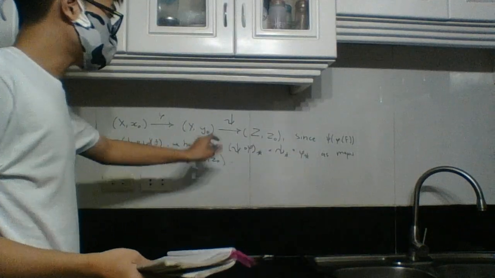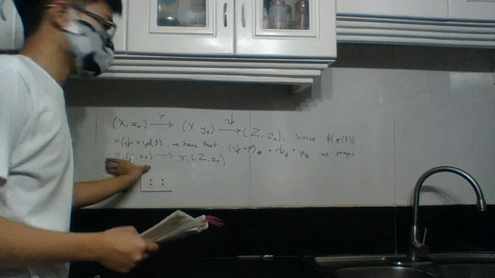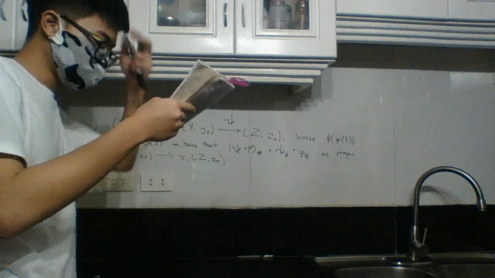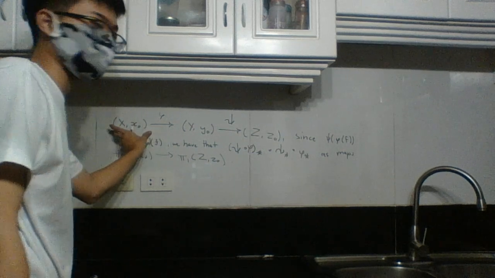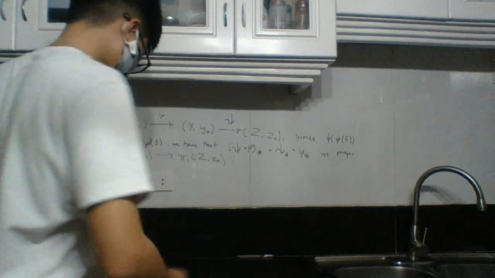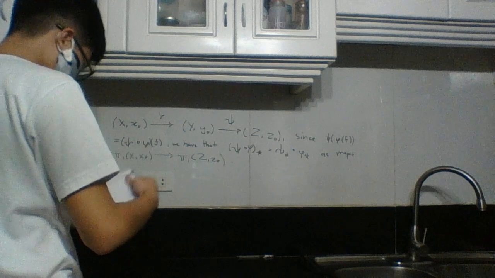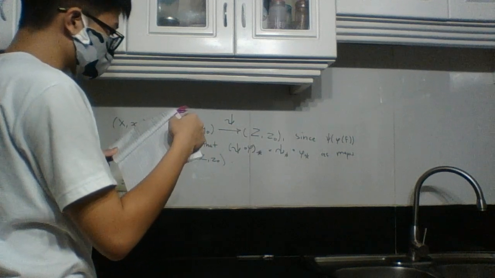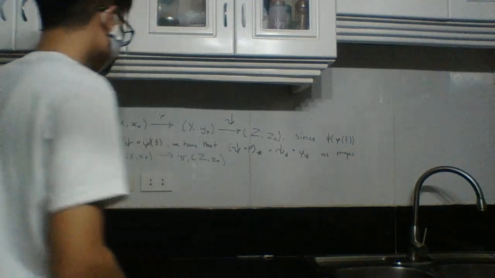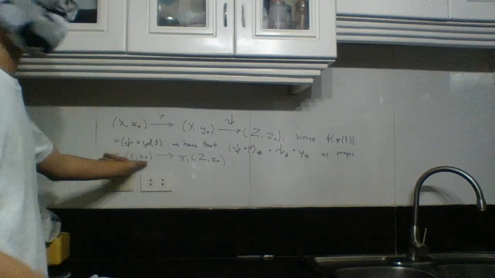Now, it's a functor. It's a morphism, right? It's a morphism from the category of base topological spaces, all of these guys, to the category of groups with group homomorphism. Because in fact, this is a group, right?